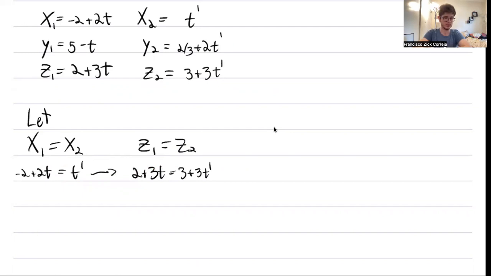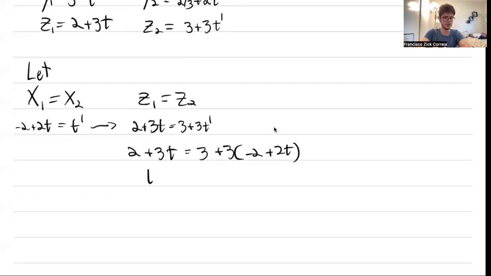Then we have 2 plus 3t is equal to 3 plus 3 times t prime. Here it is really easy. You can solve for t, and you end with t equals 5 over 3. Now you plug t back in there, and then you have t prime is equal to 4 over 3.